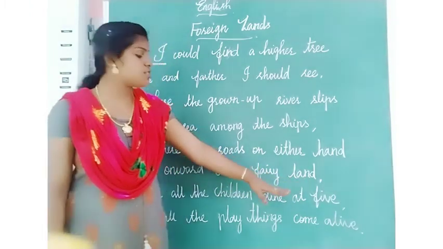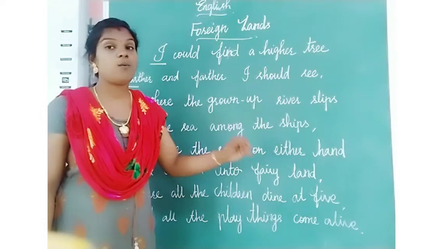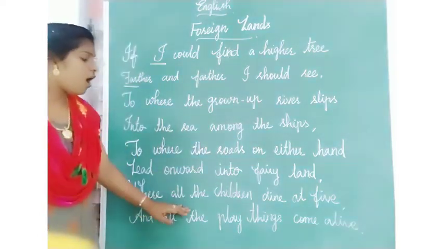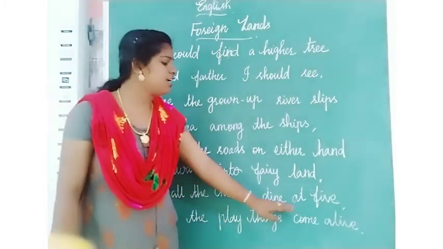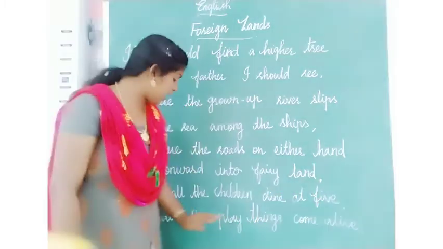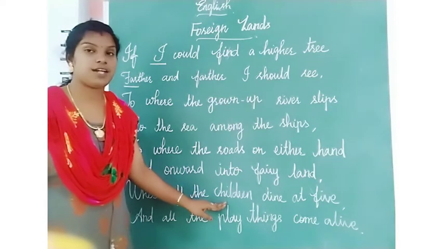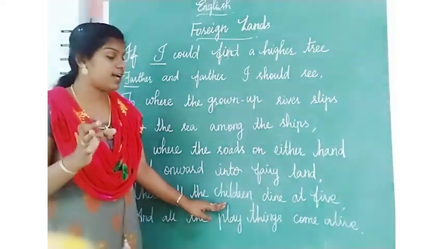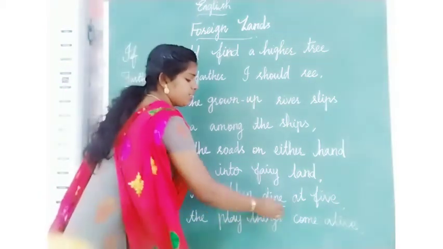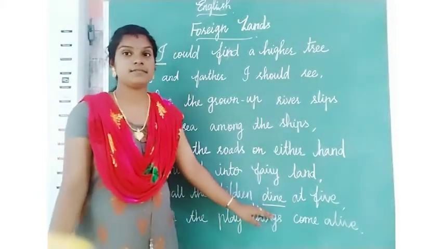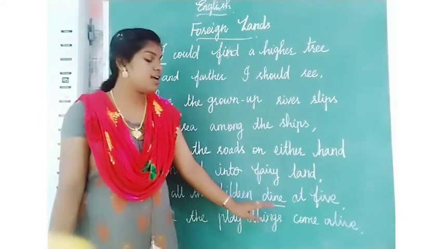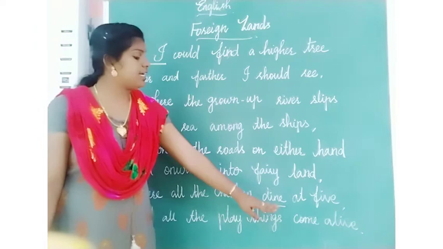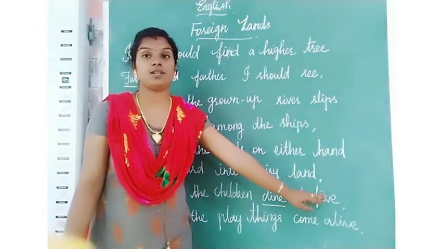In that fairyland, what does that child see? Where all the children dine at 5. In that fairyland, all the children dine. What is the meaning of dine? Eating dinner. In that fairyland, all the children eat dinner at 5 o'clock.